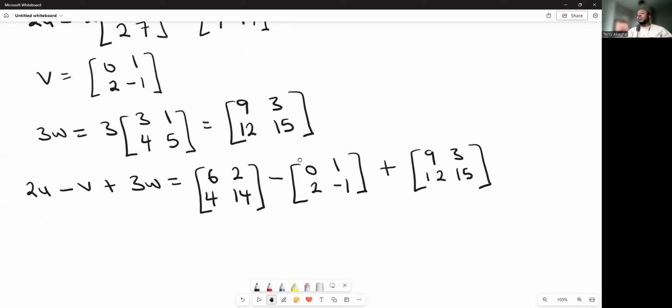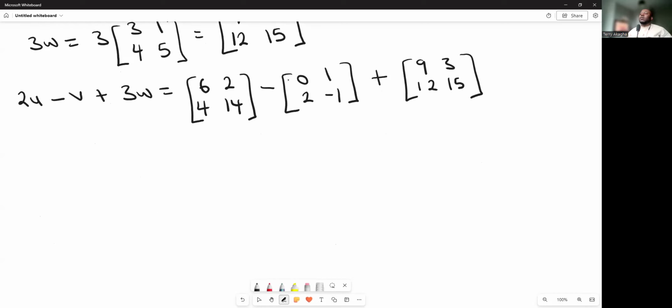So like I said, we can solve all these at the same time. We take the first one: 6 minus 0 plus 9. Then the next one, 2 minus 1 plus 3.